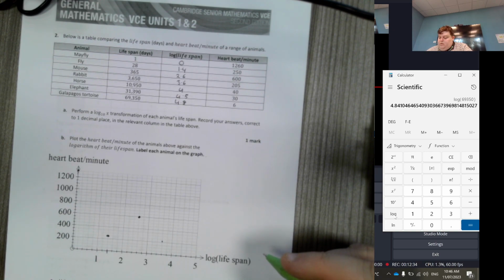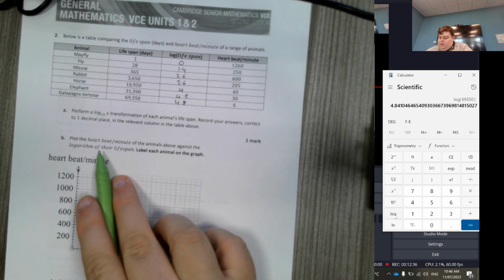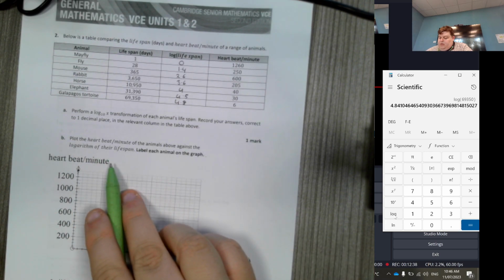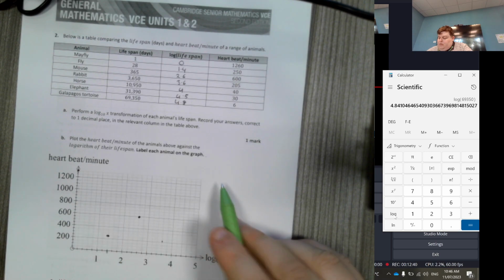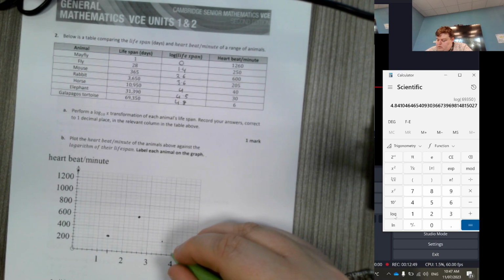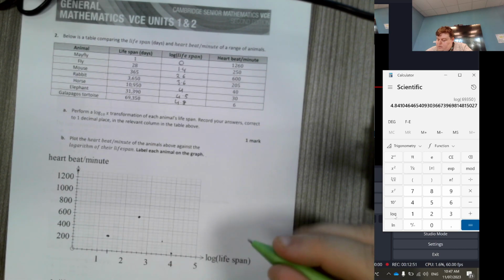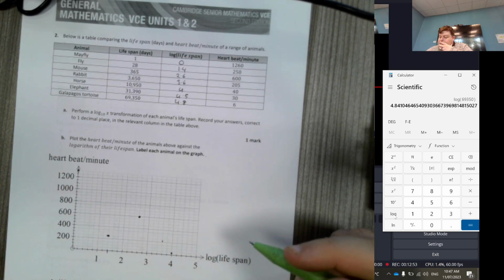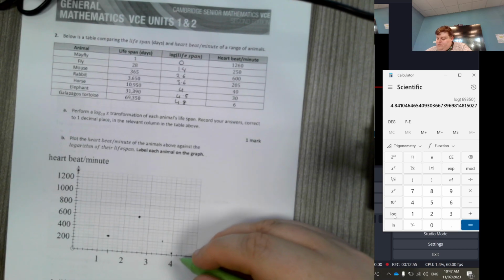4. Am I supposed to be doing the log? Heartbeat per minute against the log of their lifespan. Okay, yeah, this is apparently what I'm supposed to be doing. 4 and 40. It's very low. 4.5 and 30. 4.8 and 6.